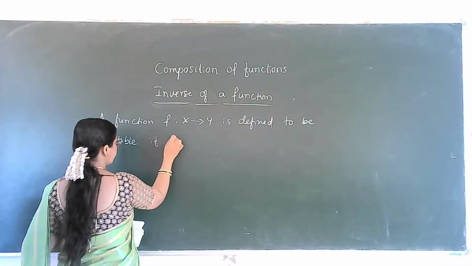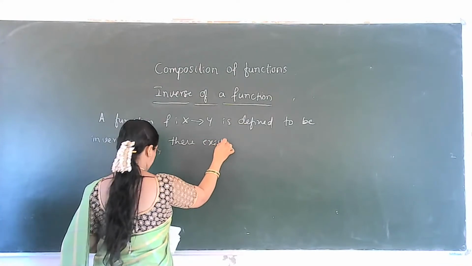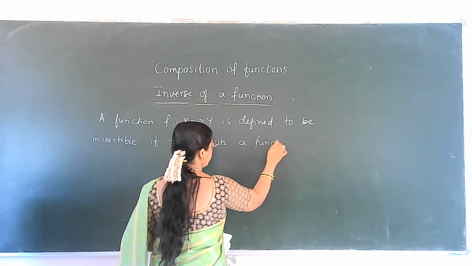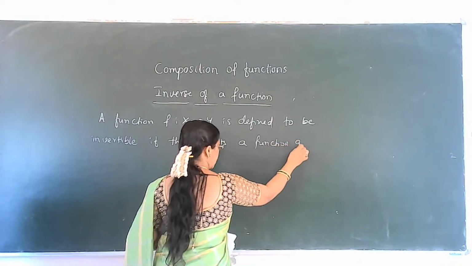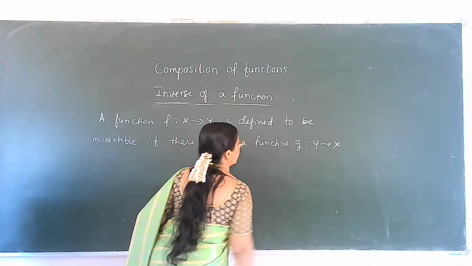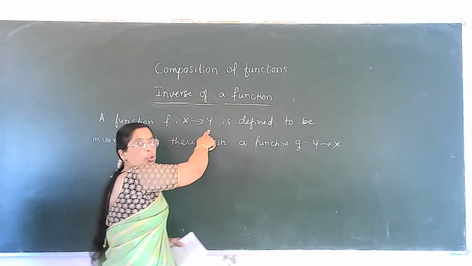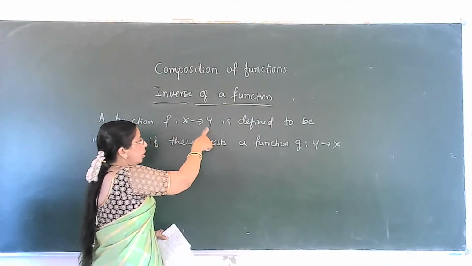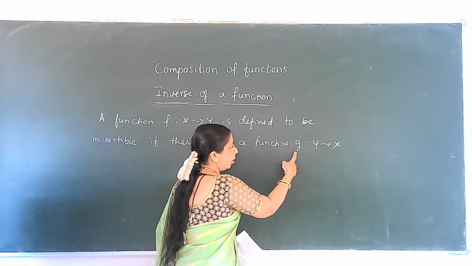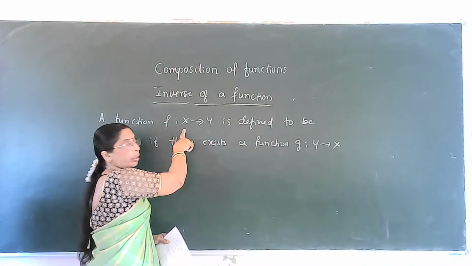if there exists a function g from y to x. Yeah, f is a function from x to y. There exists another function g from y to x, vice versa.